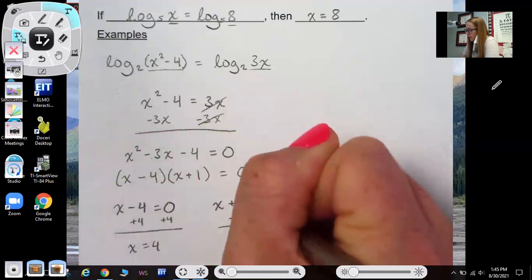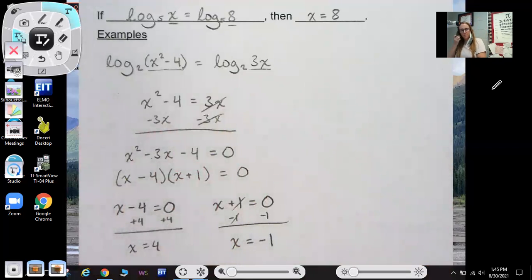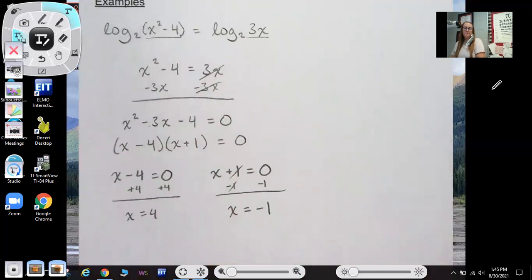Subtract 1 from both sides to get x equals -1. So we have two answers here. We do have to go back and check to see if these are going to be actual solutions to the original equation.